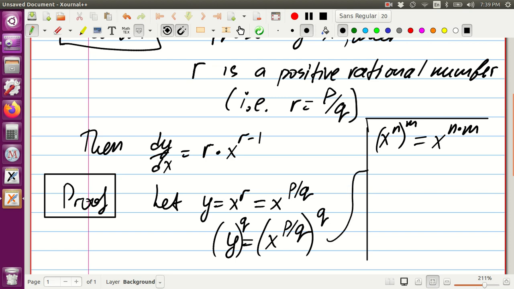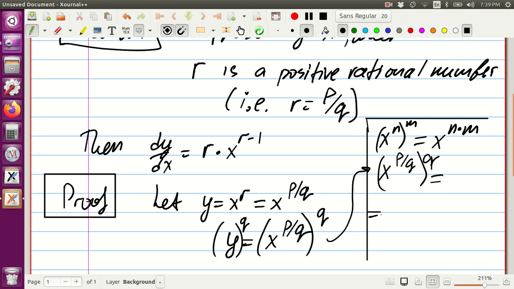So our expression over here is x to the p over q raised to the power q.